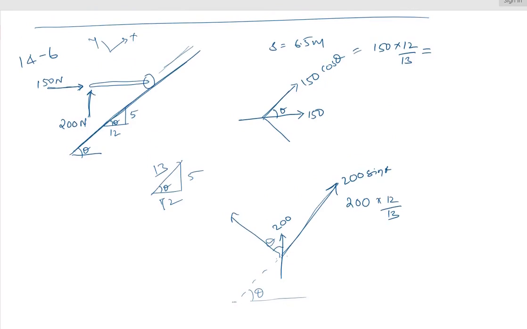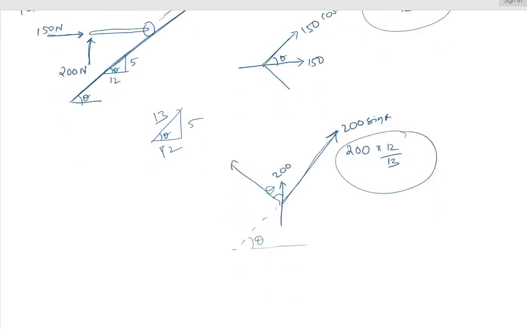So now we need to add this and this, because these are the components of the forces 150 and 200 that are acting along the incline. So we add them up. 150 times 12 over 13 plus 200 times 5 over 13.